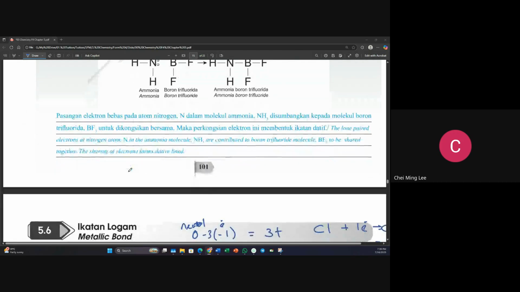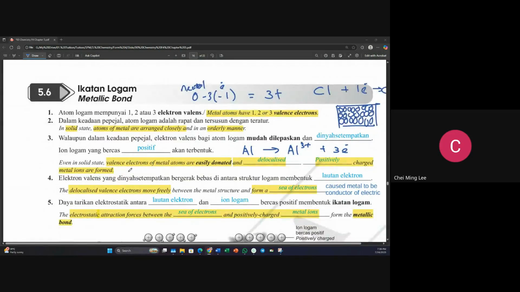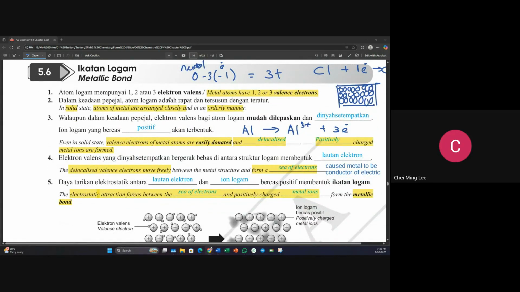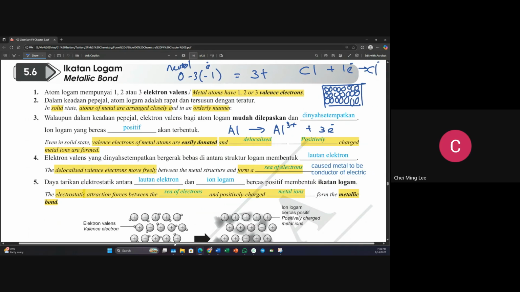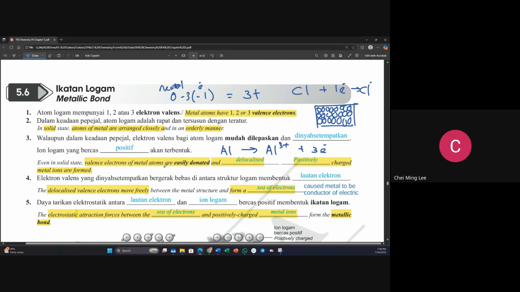All right, now let's see metallic bond. Metallic bond is quite a usual one. It's actually between the positive ions of metal and the negative ions of non-metal.